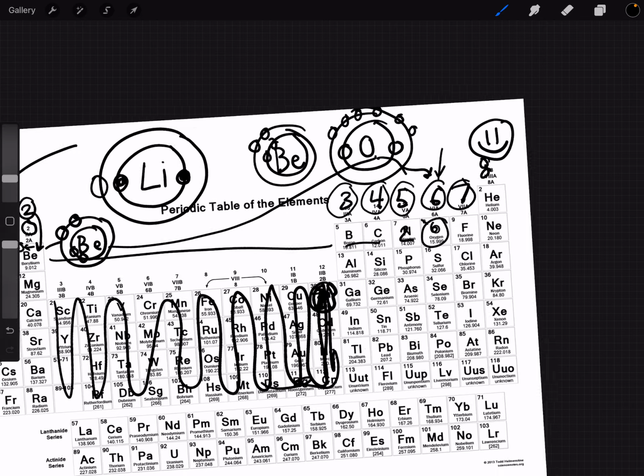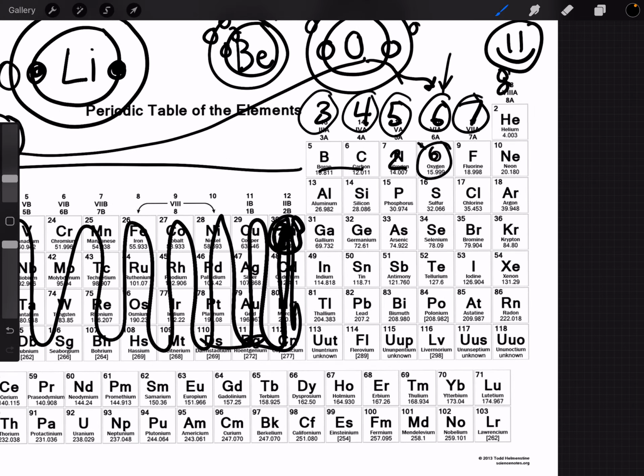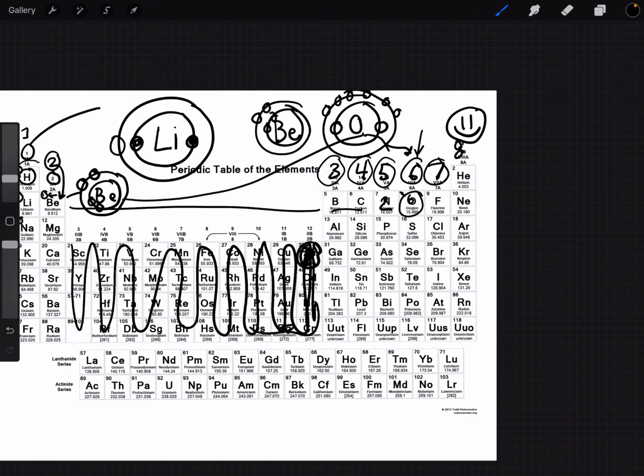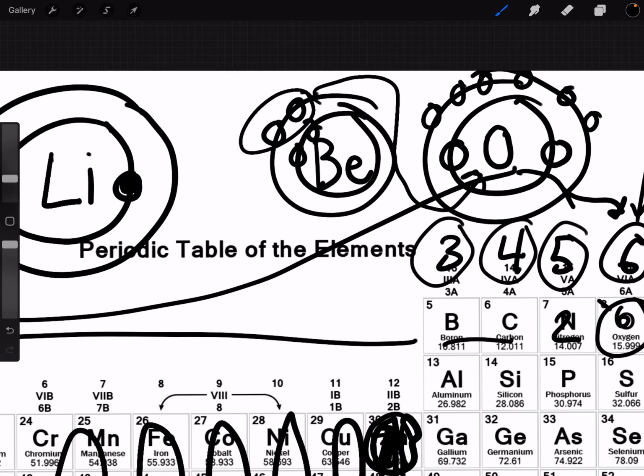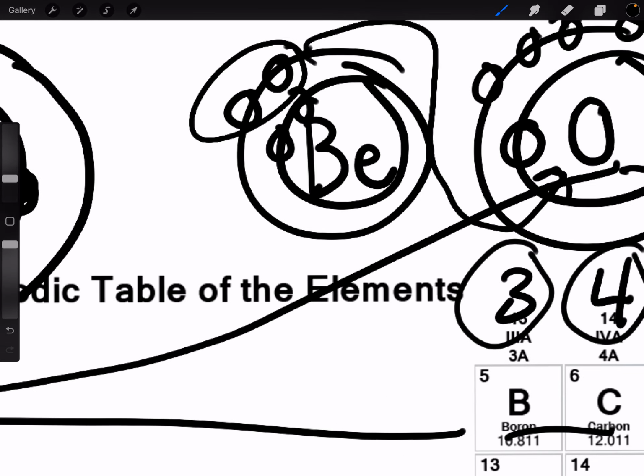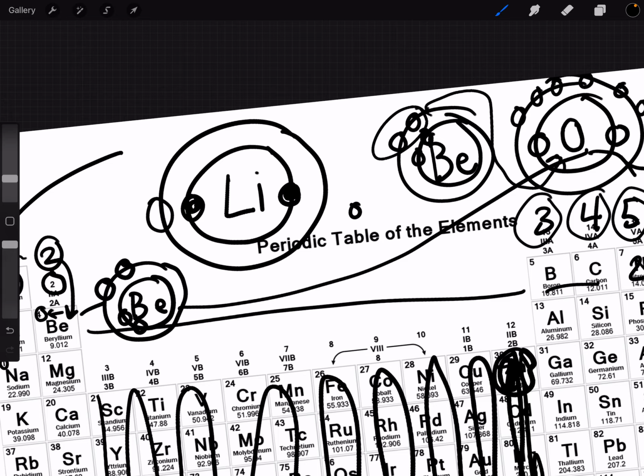So anything under 4, you'll just subtract. So you'll take these away and bring it to oxygen and stuff, because then it would be 8. Then, like beryllium, atoms are always happy if they have 2 valence electrons or 8.